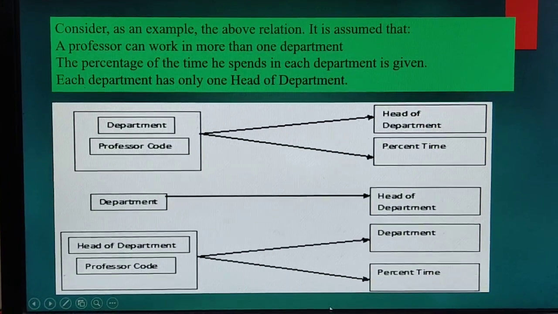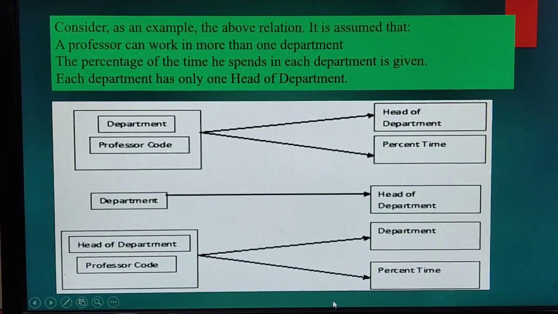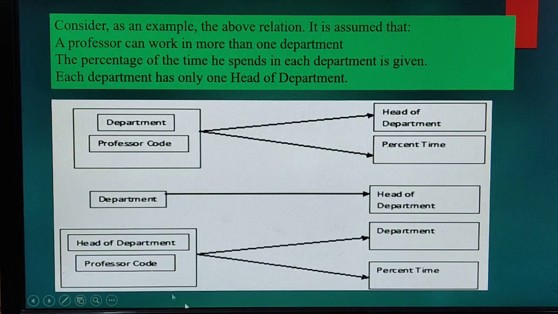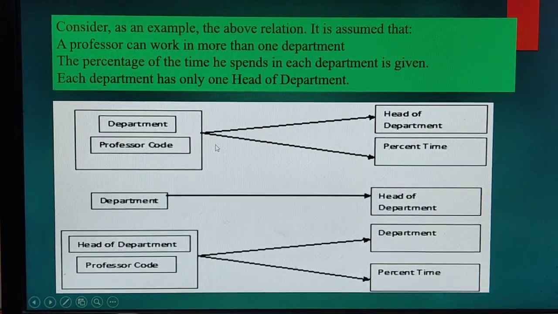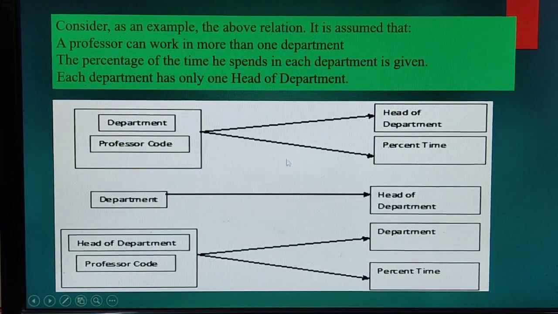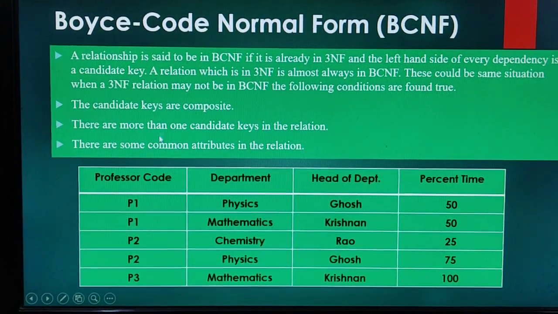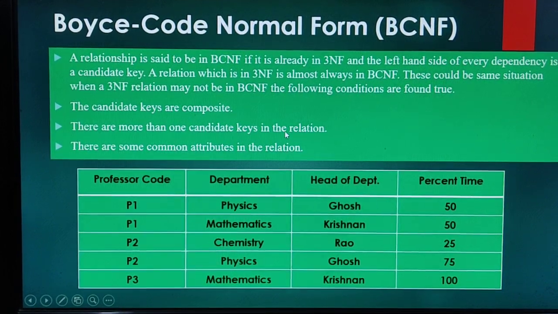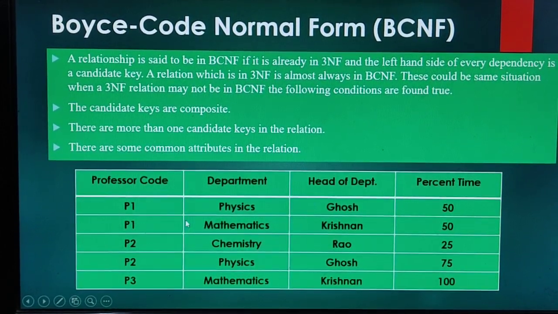Again, this is a problem. This is the scenario where a particular relation should move to BCNF. This is how we can explain the dependency. In previous slides, we have seen three situations. It must be a composite key, or it may have several candidate keys, or common attributes will be available in these relations.